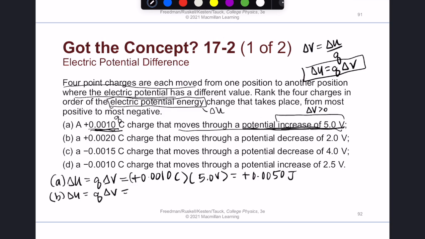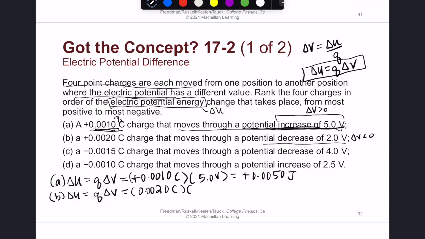Okay, what about part B? We put in our charge value. And then it's moving through a decrease. So that means our delta V is negative, right? Because it's getting smaller, so the final value is going to be less than the initial value.